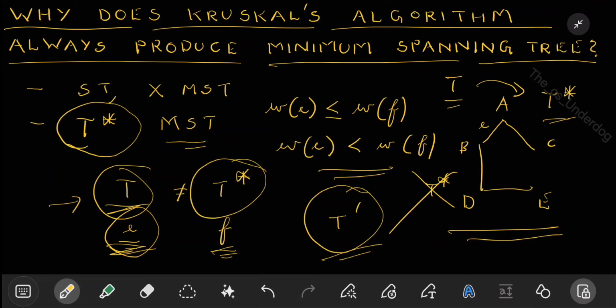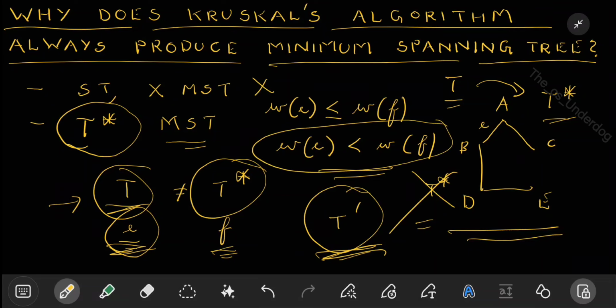Because if you know another MST with an even smaller sum of edge weights, that is the MST. T star cannot be the MST. So our initial assumption that T star is the MST with the maximum number of edges in common with T is wrong. That is, in case weight of E is less than weight of F.